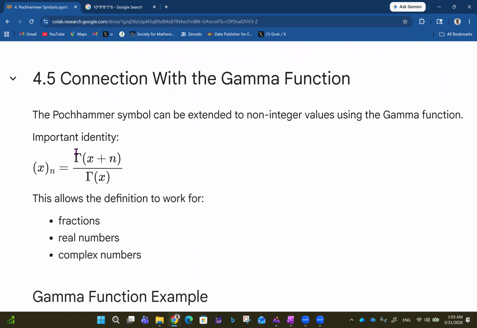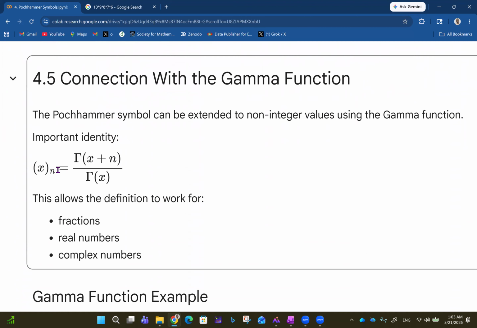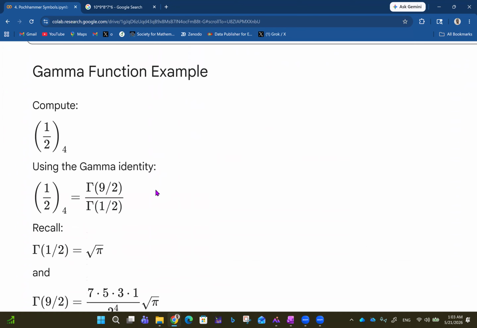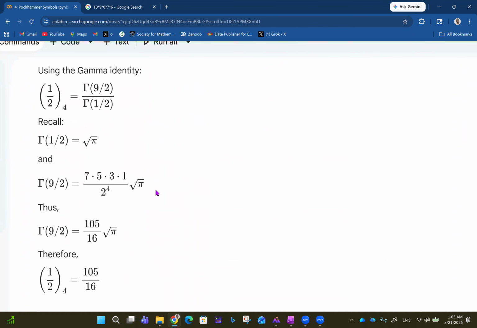So x sub n is gamma of x plus n over gamma of x. This allows the definition to work for fractions, real numbers, and complex numbers. So we can then find maybe half, 3, and do the whole gamma thing and keep going. Then a gamma function example in that case, we have all of this.